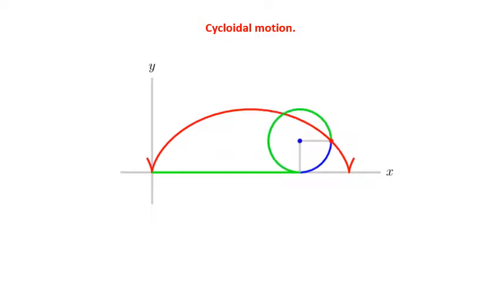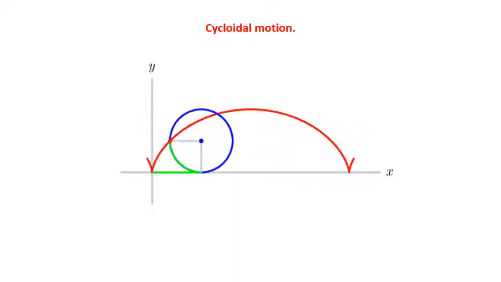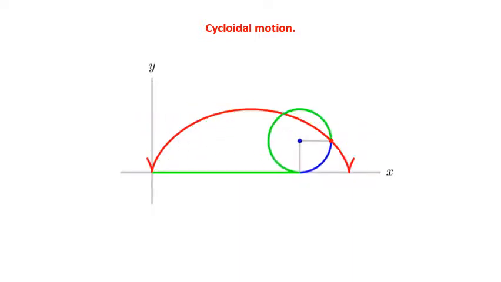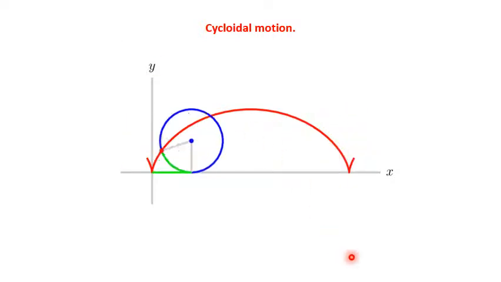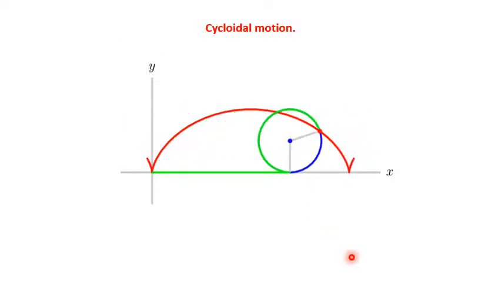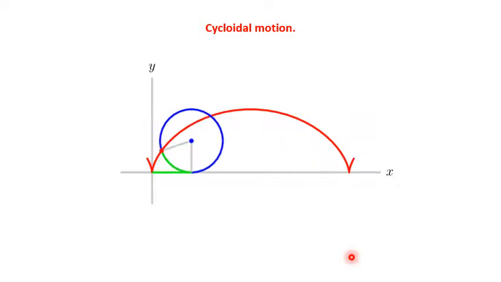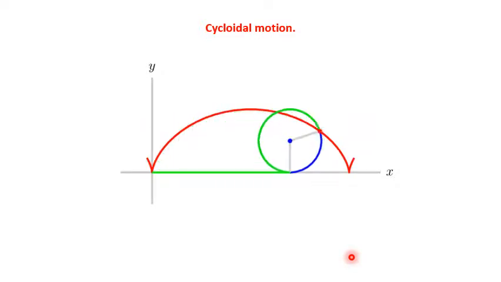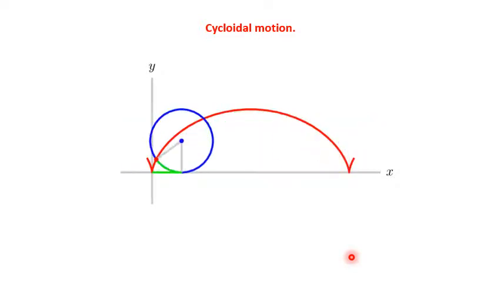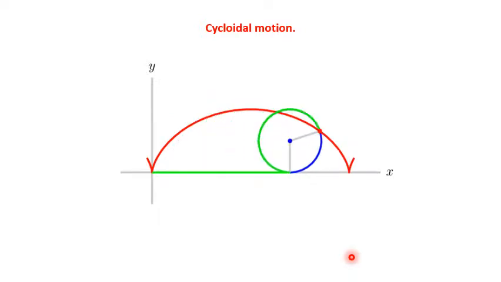So the last important type of motion is cycloidal motion, and we know that a cycloidal motion is nothing but what? It is the path traced by a pointer on a cylinder which is rolling on a horizontal surface without any slipping.